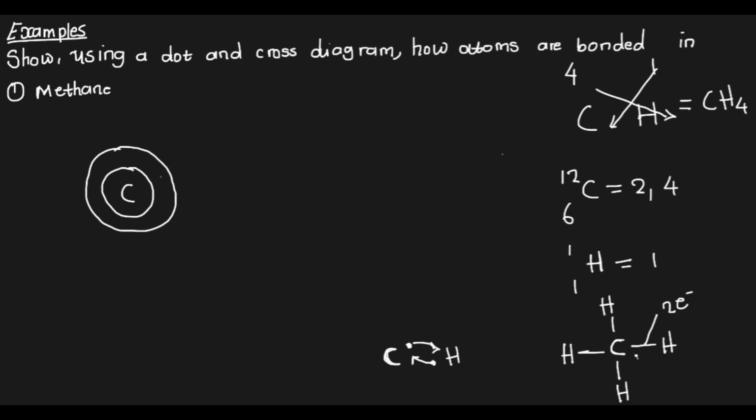Now we know that the first shell of carbon will have the first 2 electrons here. Then in the outermost shell of carbon, we are going to have 4 electrons. So here we have 4 electrons.